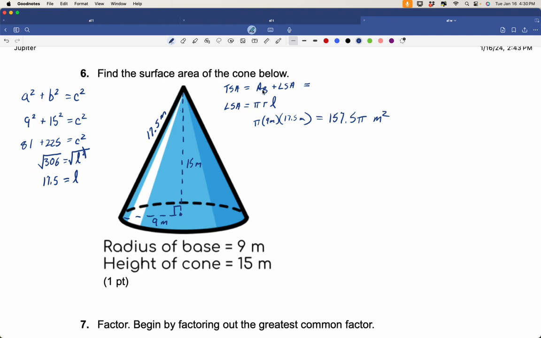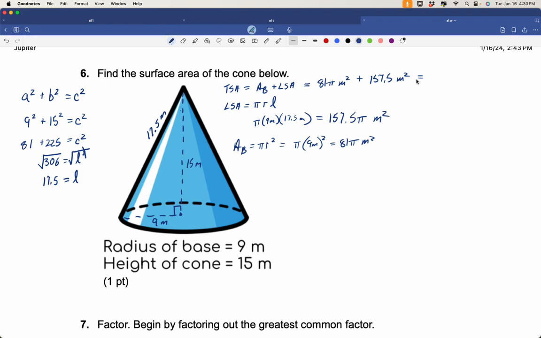Now the area of the base, we know the area of the base is going to be pi r squared, which is equal to pi times 9 meters squared. 9 times 9 is 81, so that equals 81 pi meters squared. So we're going to add these two together. So that's going to be 81 pi meters squared plus 157.5 pi meters squared.